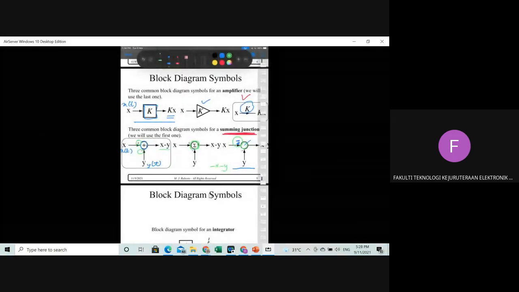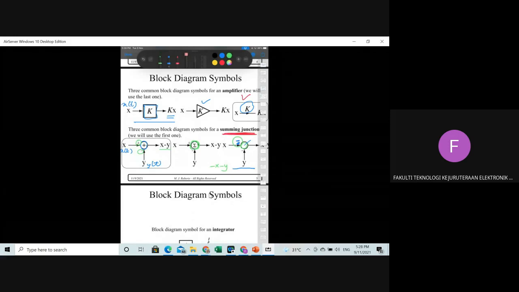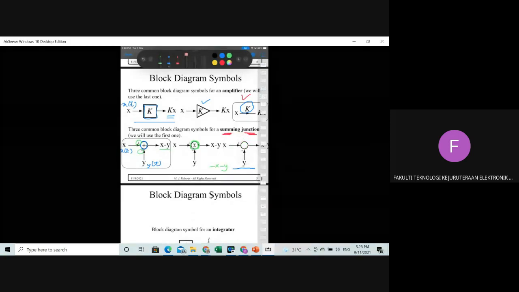Again, I repeat. Let's say this is your summing junction. Look at the second summing junction here. If you replace the plus symbol with negative, your output is negative x, negative y.